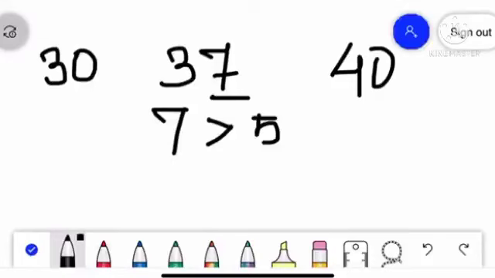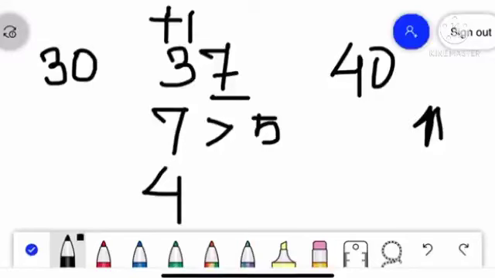So it means the number is going to be rounded up. We are going to add 1 on the digit which is on the tens place. So 3 plus 1, that is 4, and the digit we are comparing with 5, 7 here, is going to be replaced by 0. So 40 is the required answer.